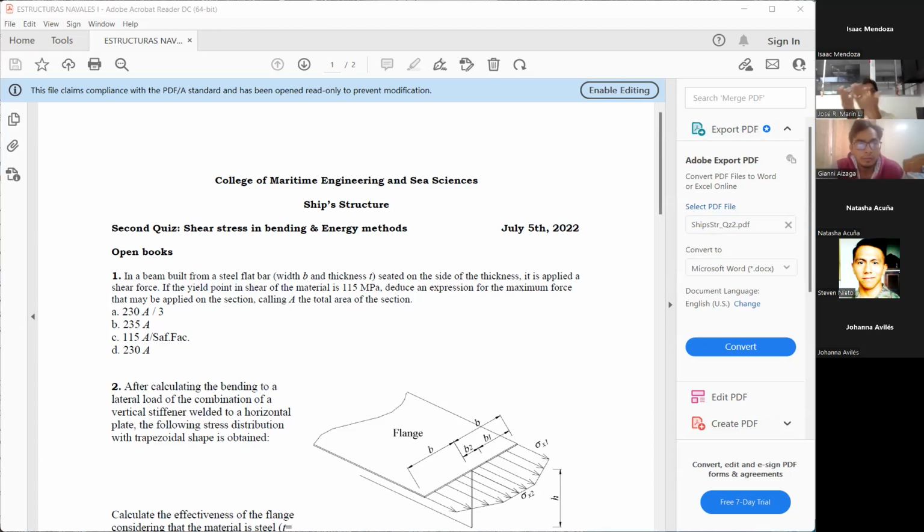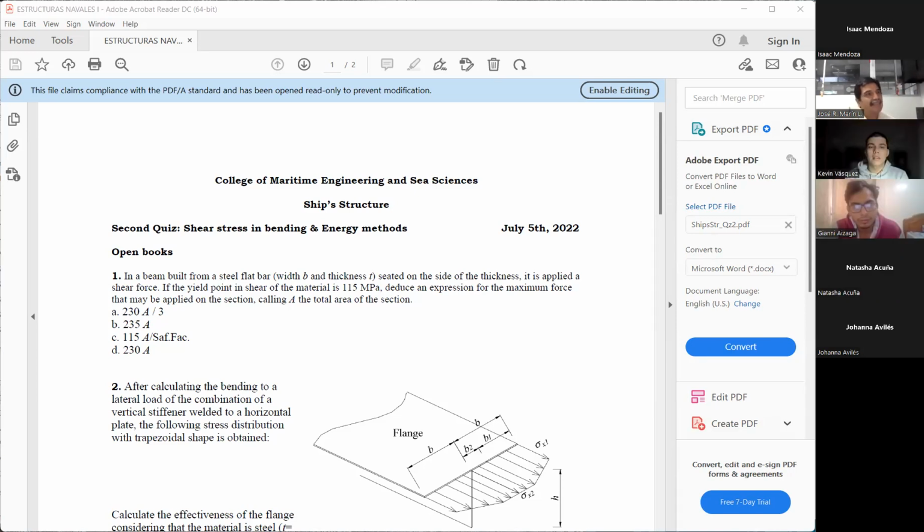But I'm looking at the section. The half height. Yeah, but how do you call that? Neutral axis, doctor. Exactly, neutral axis. On the neutral axis, you have the maximum shear stress.